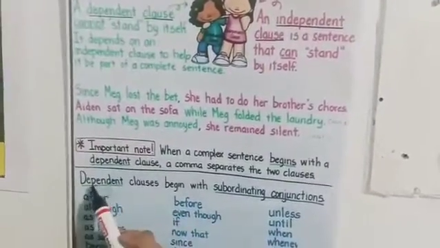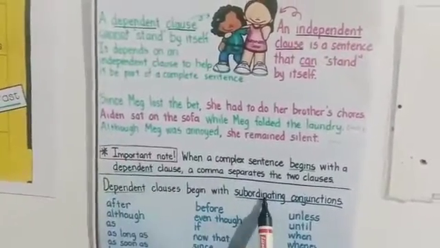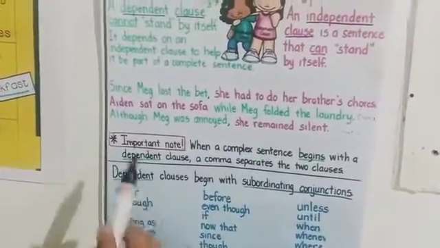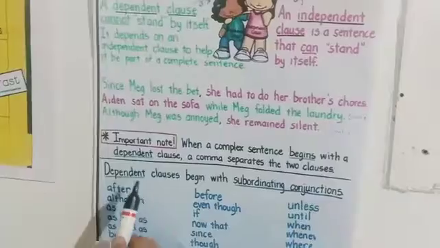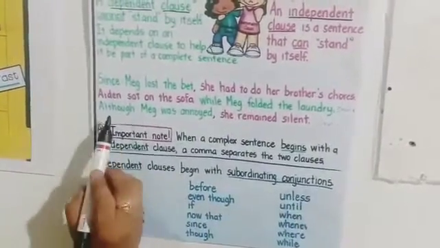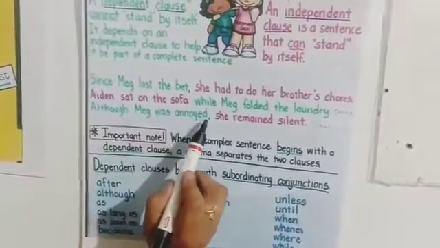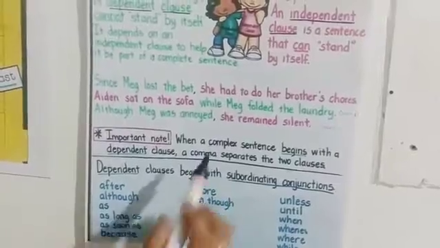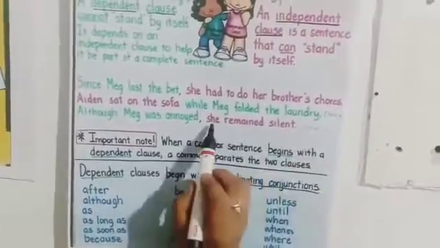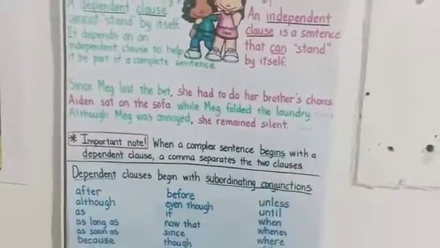Understood? So do not get confused again. What is a dependent clause? A dependent clause begins with a subordinating conjunction, see here, although. Although Meg was annoyed, comma, our structure: dependent clause, comma, then independent clause. She remained silent. These are examples for structure 2.